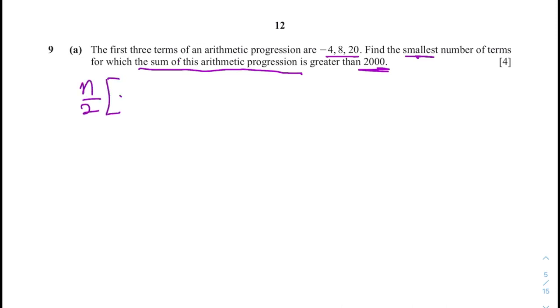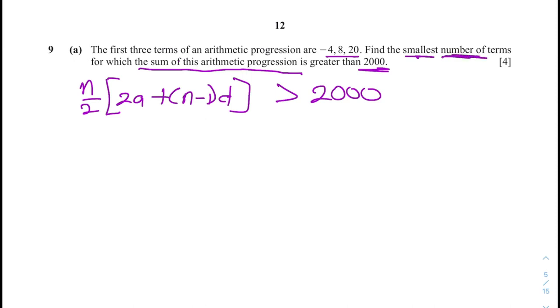Well, you remember that the sum formula is this. And they are saying this is greater than 2,000. Okay? So what this means is that we need to find our a and we need to find d so that we can find the smallest number of terms, that's n.